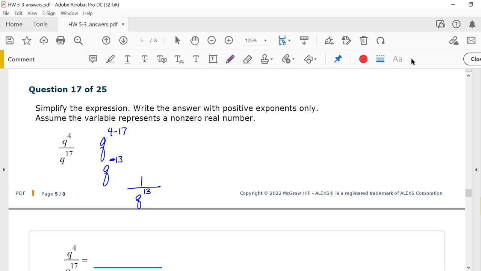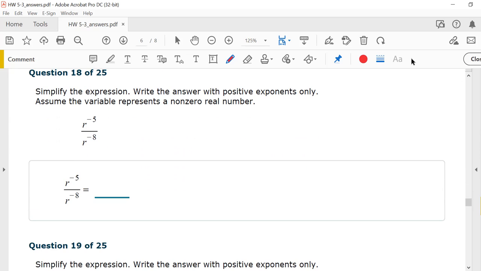Now, something you might have noticed: q to the 4 over q to the 17, I'm subtracting the exponents because I'm dividing. But since there's more here in the denominator, it's going to be q to the 17 minus 4, which is 13, in the denominator. You can think of it either way.